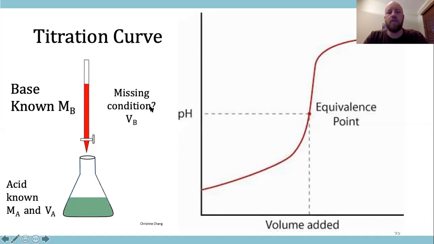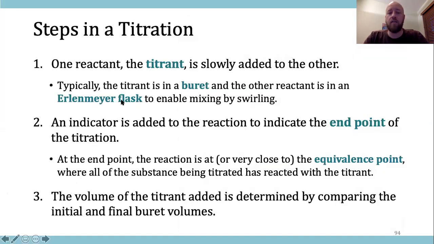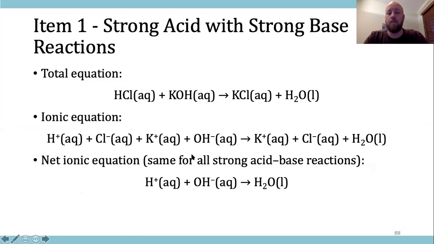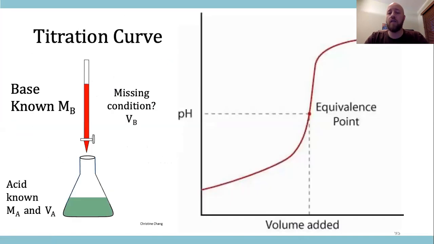But generally in 112, we do strong acid, strong base. When you neutralize a strong acid and a strong base, you have a strong acid and a strong base, which makes water. So almost all of these titrations come out with a pH of 7.